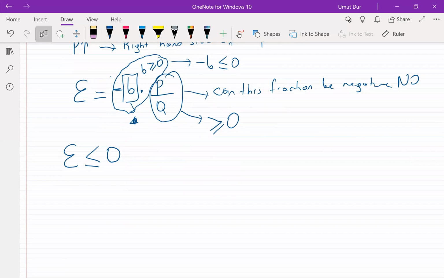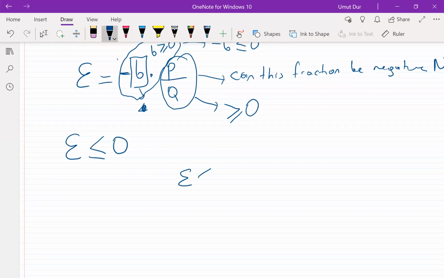Which means that the elasticity will be between 0 and minus infinity. I will go over this elasticity in different ranges.